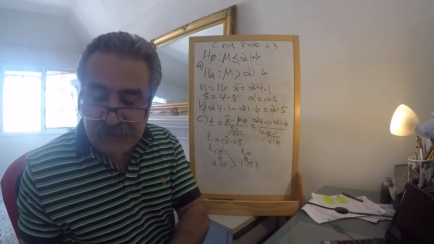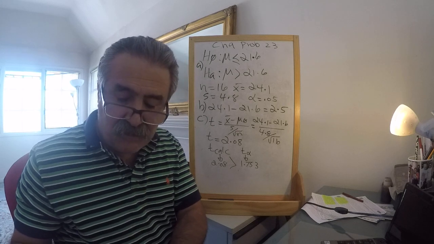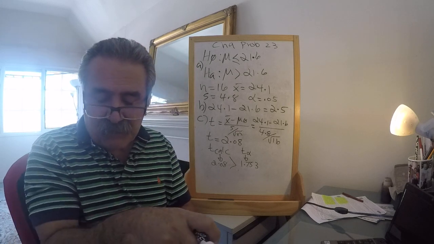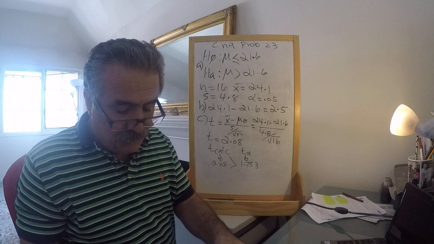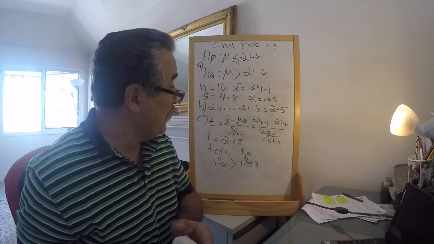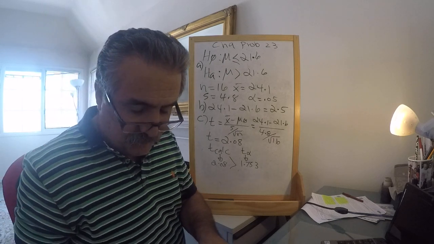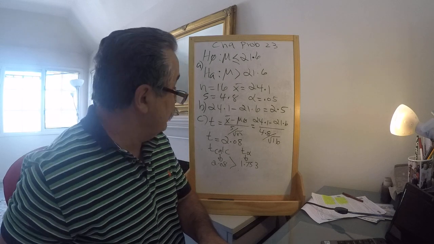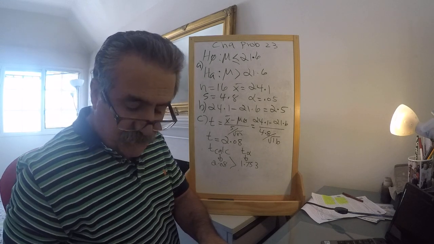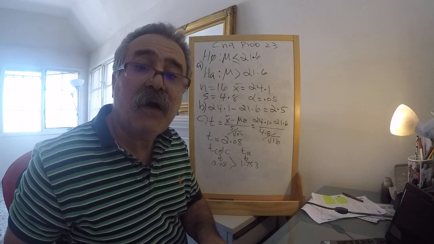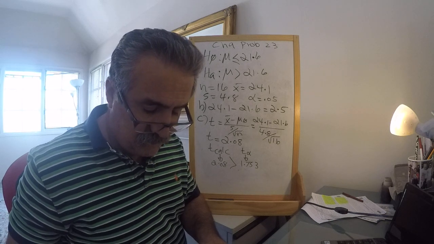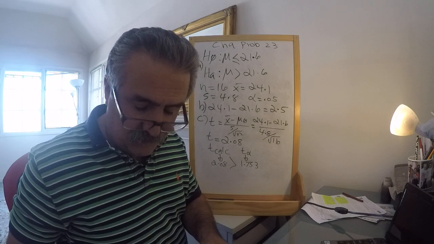Now doing the p-value approach. For 16, we go to 15, we try to locate 2.08. We don't see 2.08.